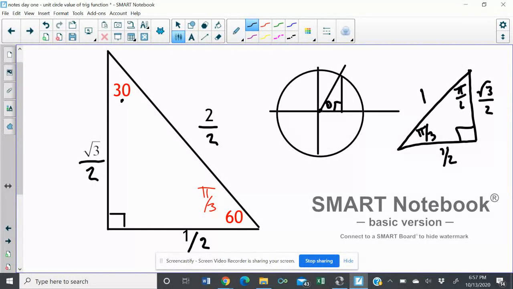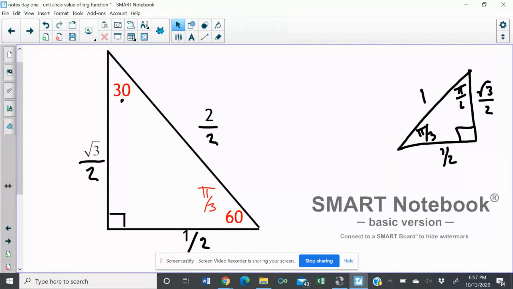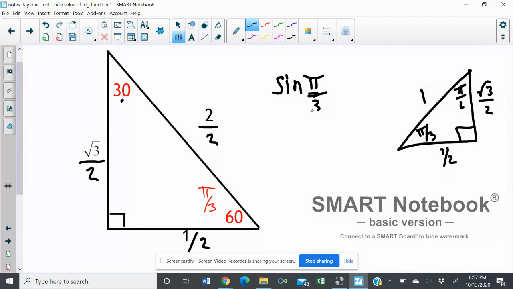So we take a look. If we take a look here, let's say we're looking for the sine of pi over 3, right? Well, here's my pi over 3. Sine is how tall it is, right? So it's root 3 over 2.